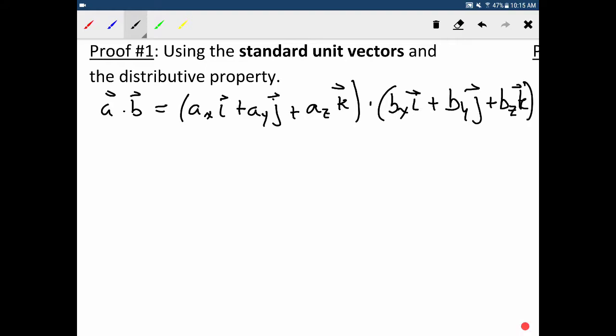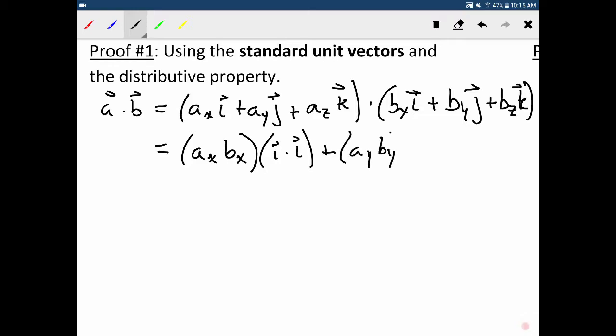And how I can do this is I can just use the properties that we talked about, and we're going to have ax bx times i dot i, and then plus ay by times j dot j.